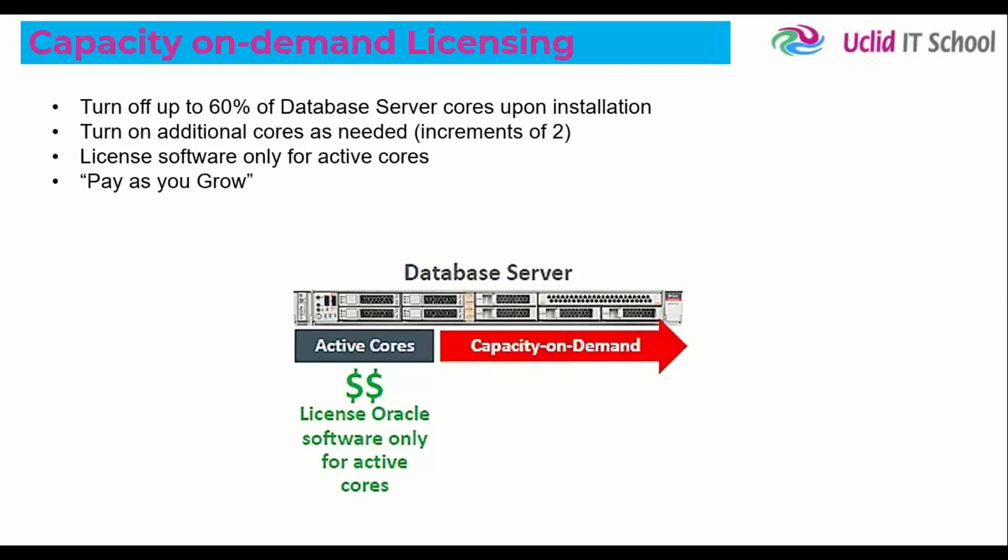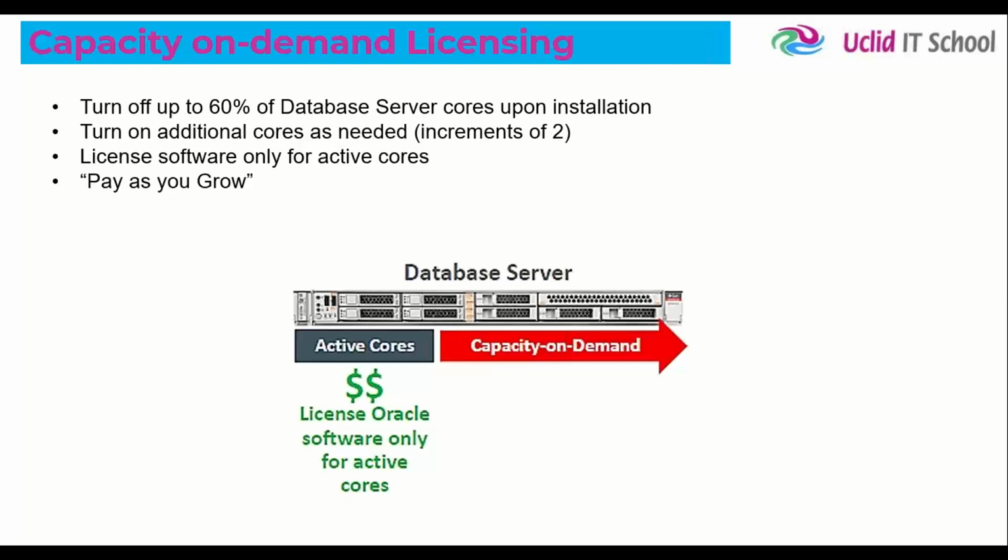Then when your workload is increasing, when you need more CPU on the database servers, you can enable more CPU cores in increments of 2. Then pay that additional licensing for the enabled cores at that time. So upfront, you don't need to pay the licensing cost for installed CPUs, only enabled CPUs. Suppose you have 100 CPUs, you don't need to purchase a license for 100 CPUs.